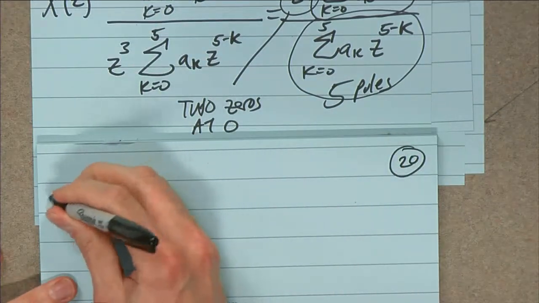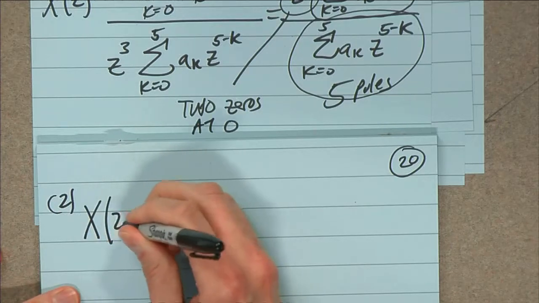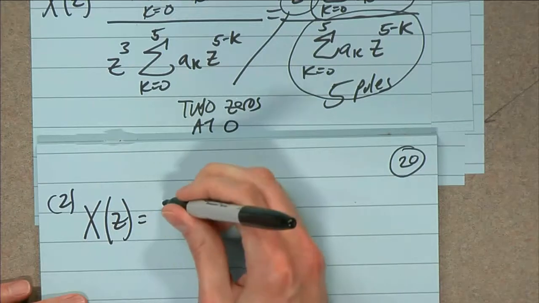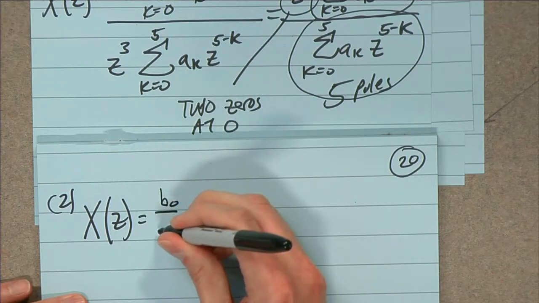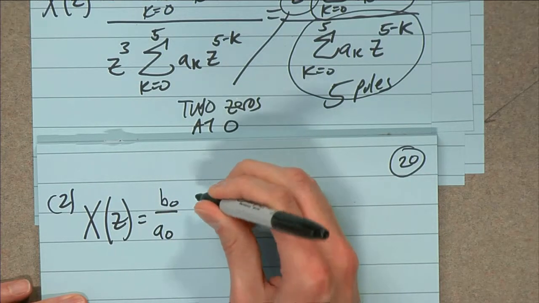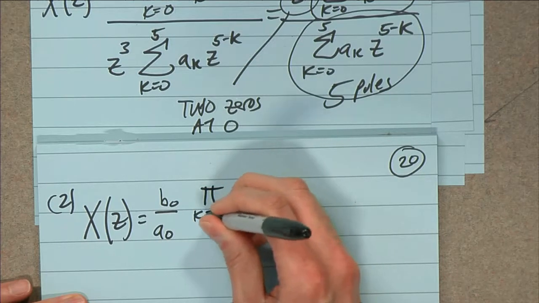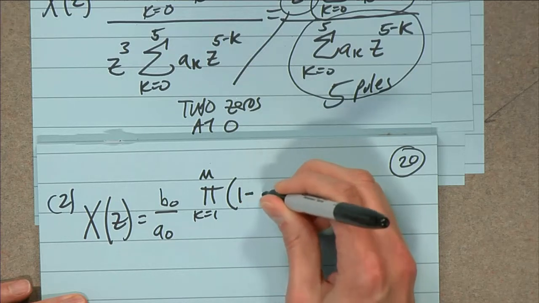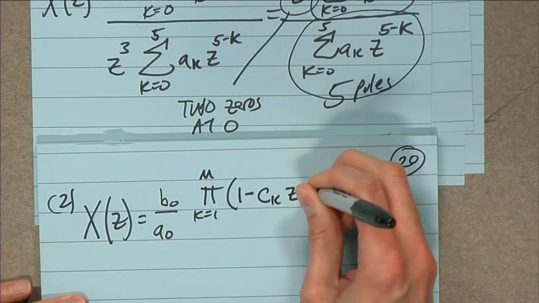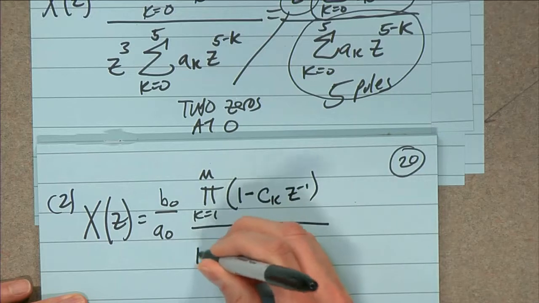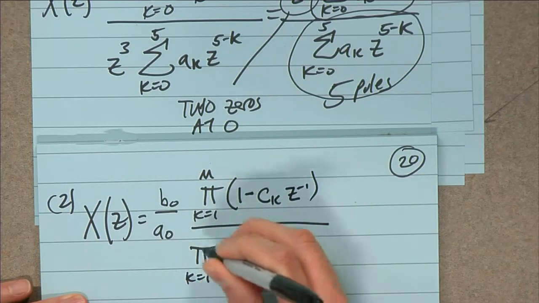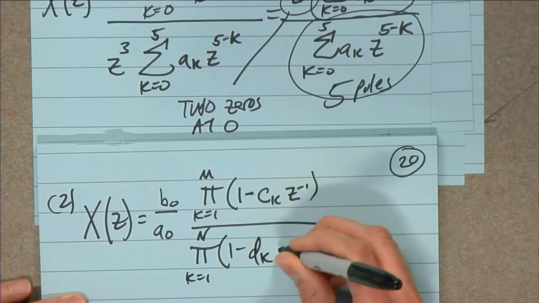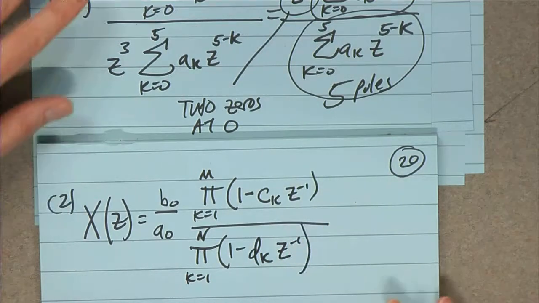Since these are a 5th degree polynomial, basically what it is is b0 over a0 times a product of these: the product of 1 minus ck z inverse, k equals 1 to m, over the product of 1 minus, we'll call these the dk's, z inverse, k equals 1 to n.